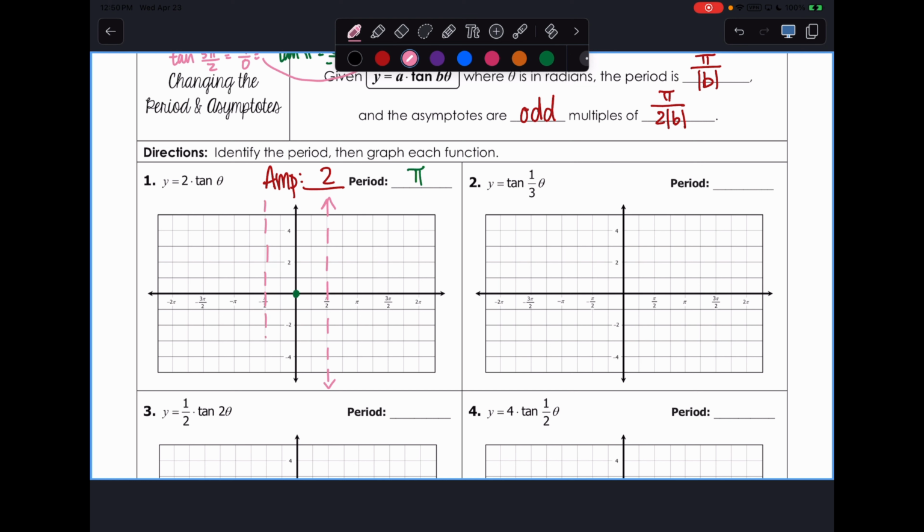My center is on the y-axis right here, right? So in order for me to make a full pi from asymptote to asymptote, I need half of it on the right of the center and half of it on the left of the center. Make sense?